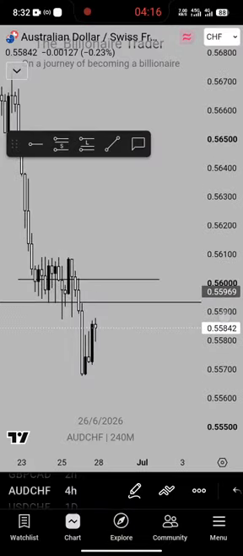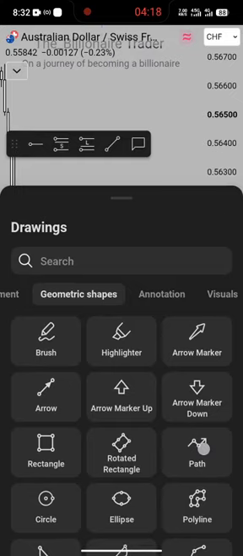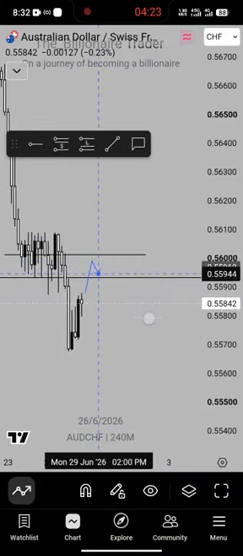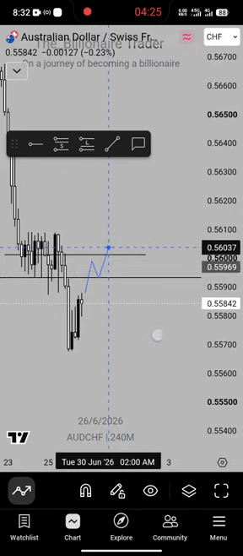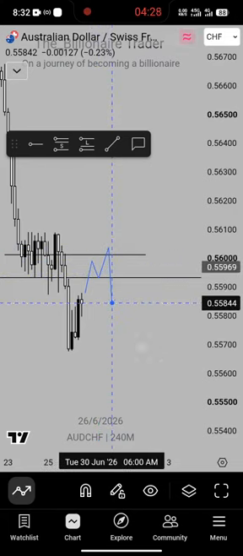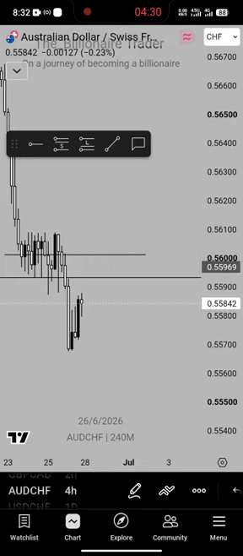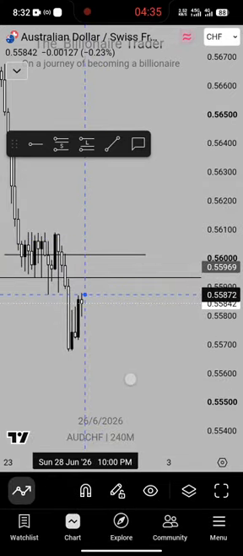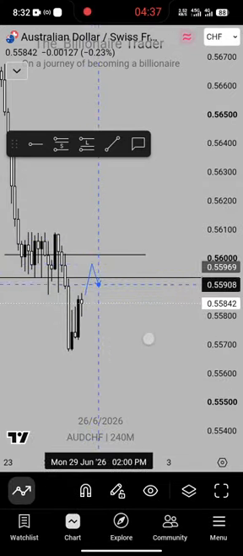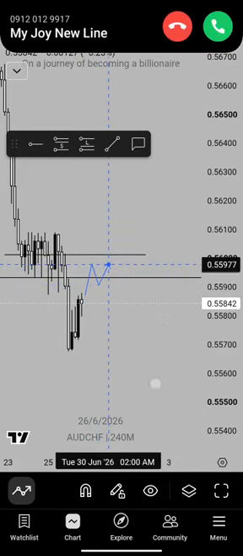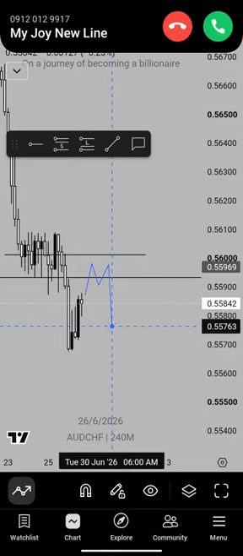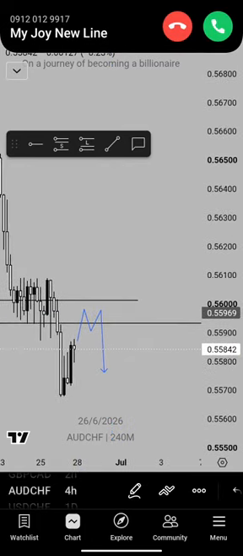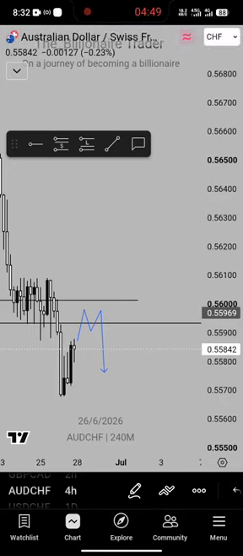What I will be expecting on the 4 hours time frame for me to take the trade is for price to go up, give me something like this, sweep and break, or it can just give me a breakout, go up like this and do something like this. That's what I will be expecting.